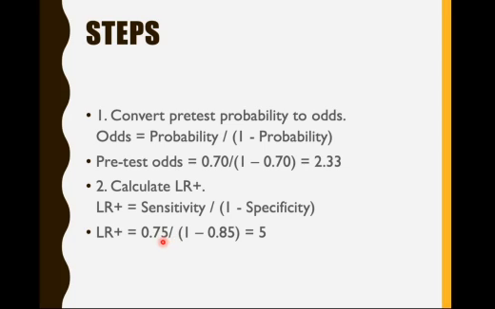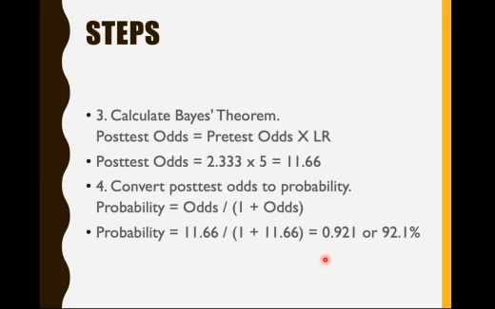So 0.75 divided by 0.15 is equal to 5. So the likelihood ratio is 5. Now we calculate the Bayes theorem: we have the pre-test odds, 2.33, and the likelihood ratio, 5. So the post-test odds are 2.33 times 5, which is equal to 11.66. So 11.66 is the post-test odds.